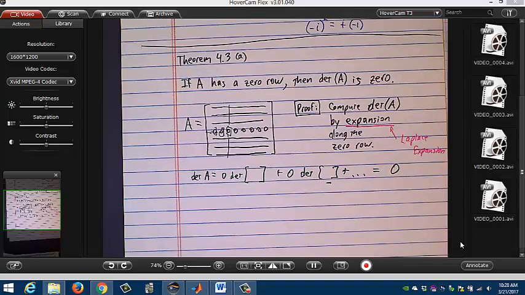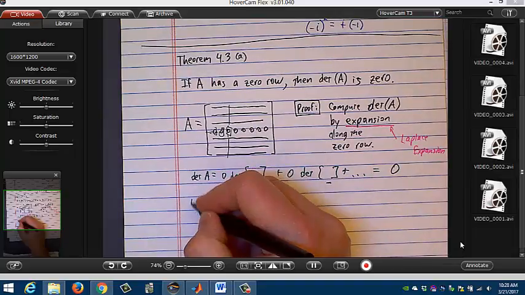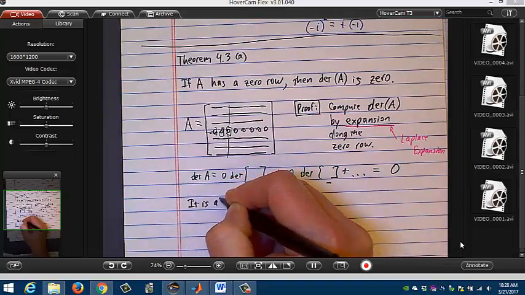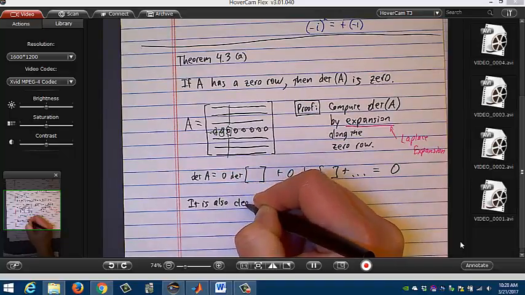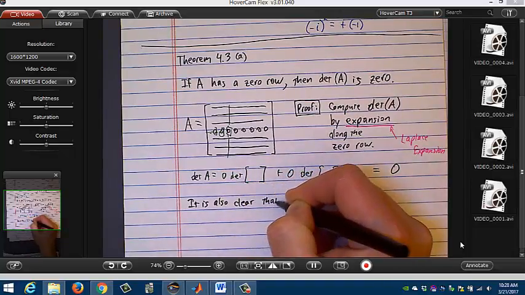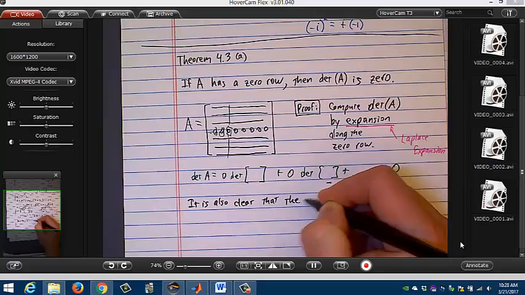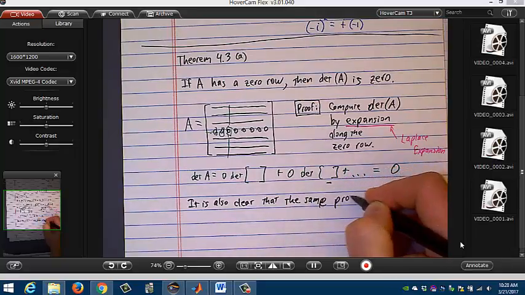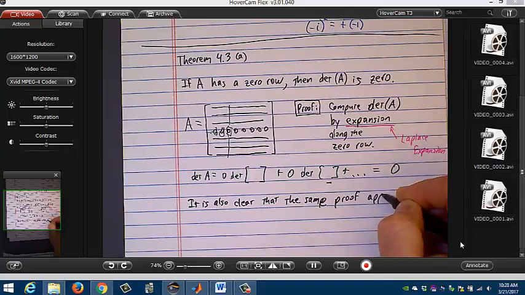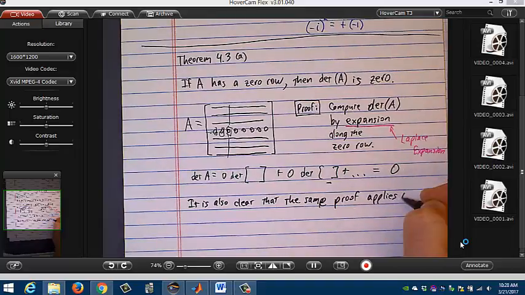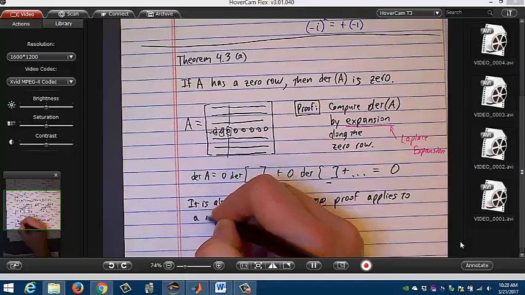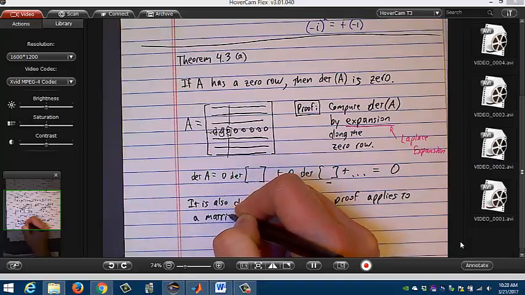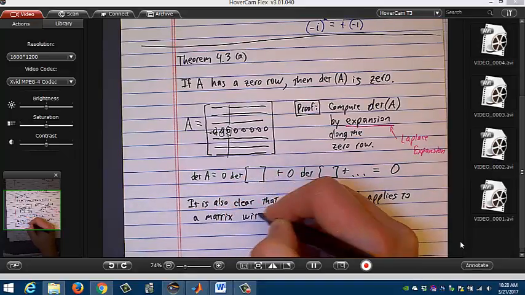And I think it is also clear that the same proof applies to a matrix with a 0 column.